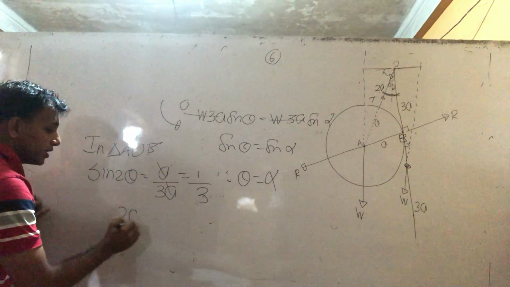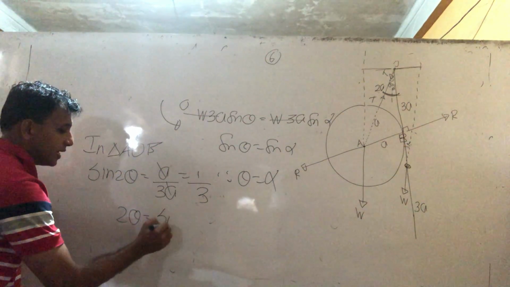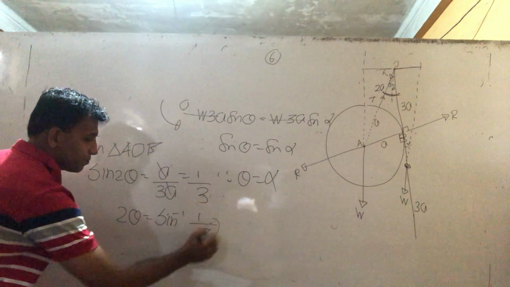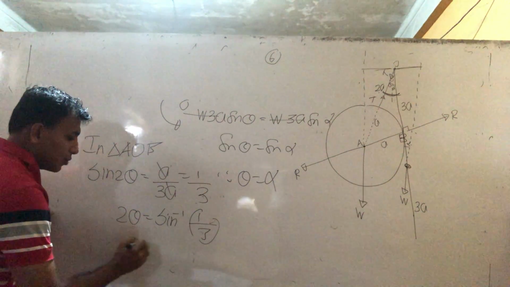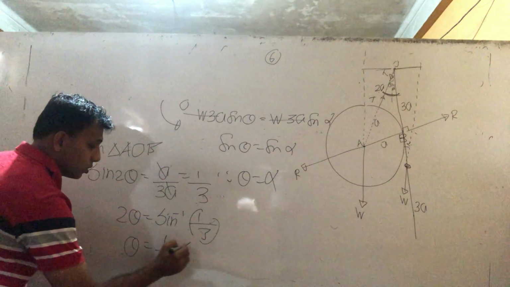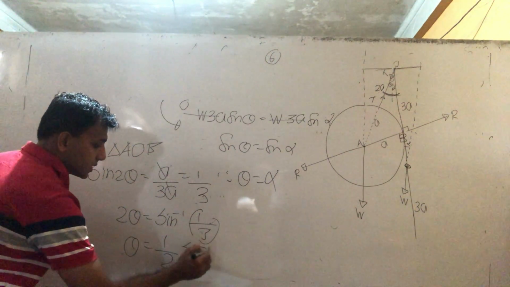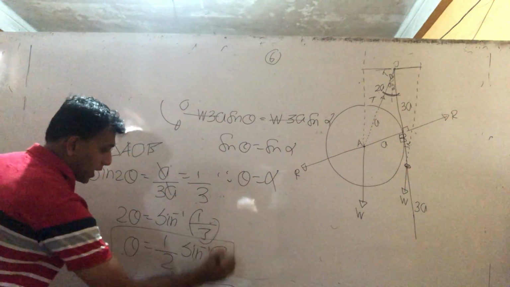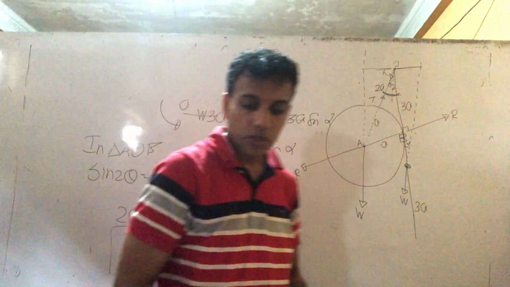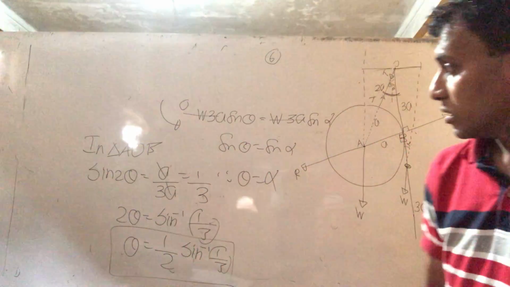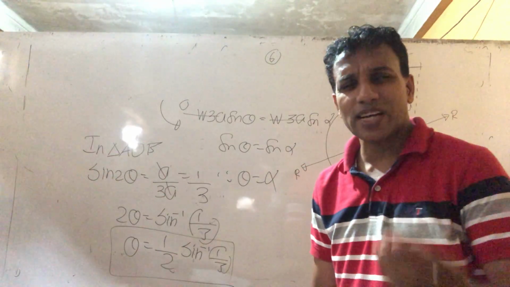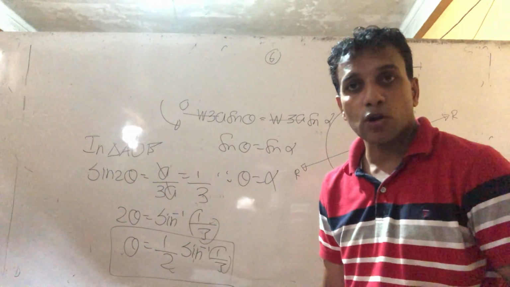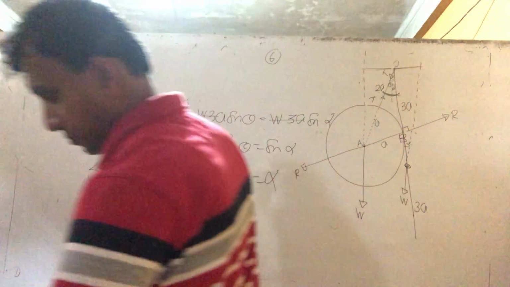So 2 theta therefore is sine inverse 1/3. Therefore theta equals half into sine inverse 1/3, right? So if you work, check this method. Simple one of the questions there in the structured paper, static, Lami's theorem, force triangle or something, coplanar forces.